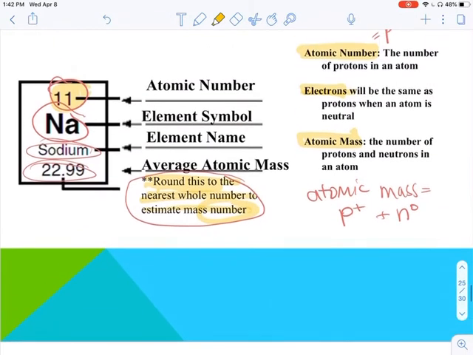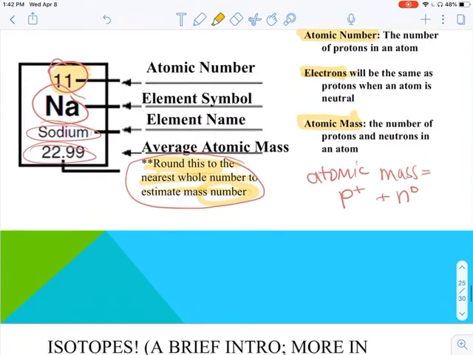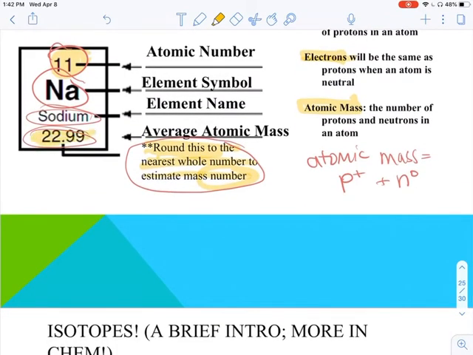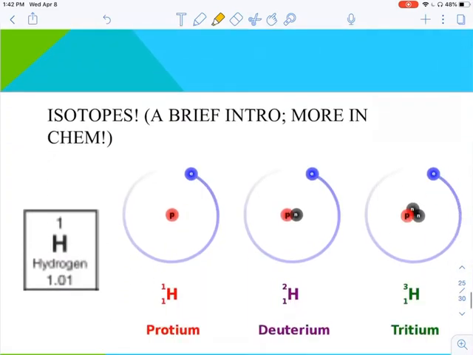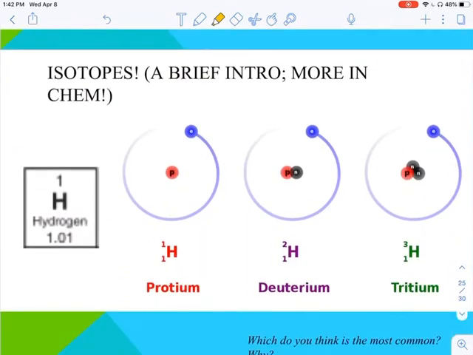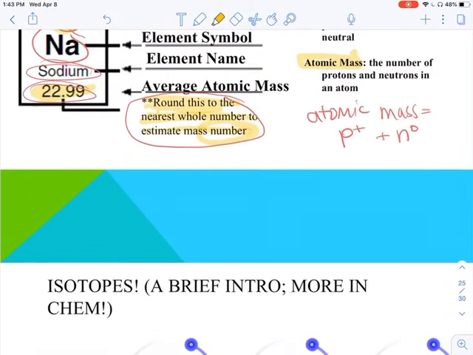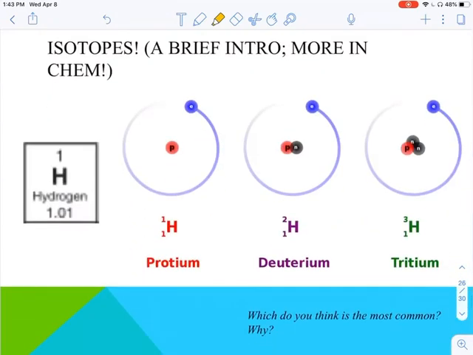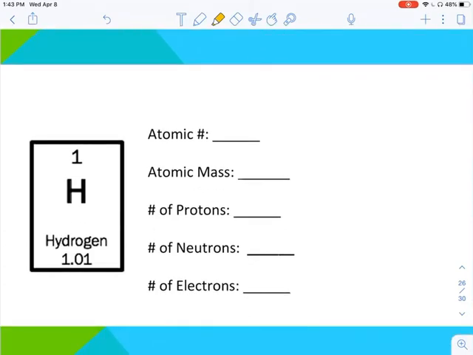Now, the reason why we have a decimal place is because this number right here is actually the average of the atomic mass from the isotopes. So we have different atoms of hydrogen that each have a different mass. Then we can take the average to find the average atomic mass. But in this class, we won't get too much into that. You will just need to round that average atomic mass to the nearest whole number to find the mass number.